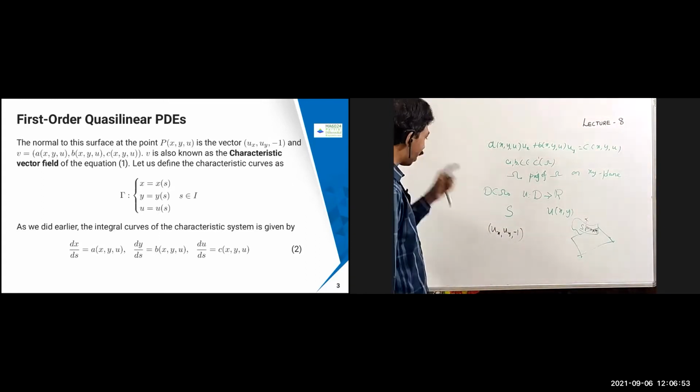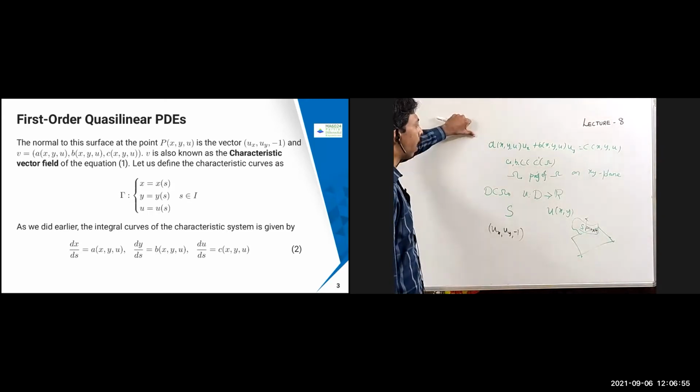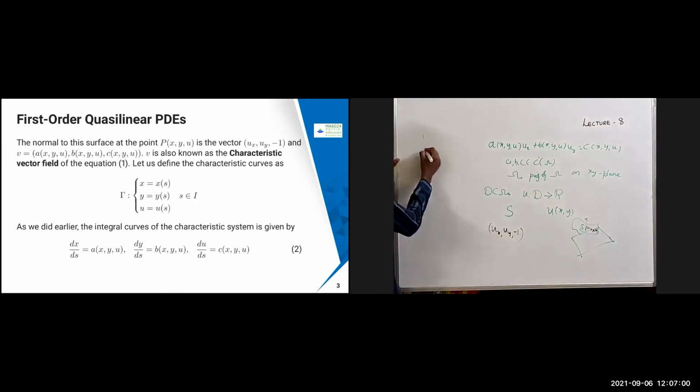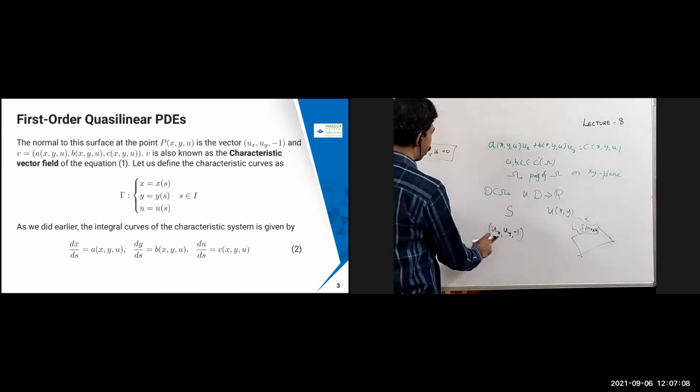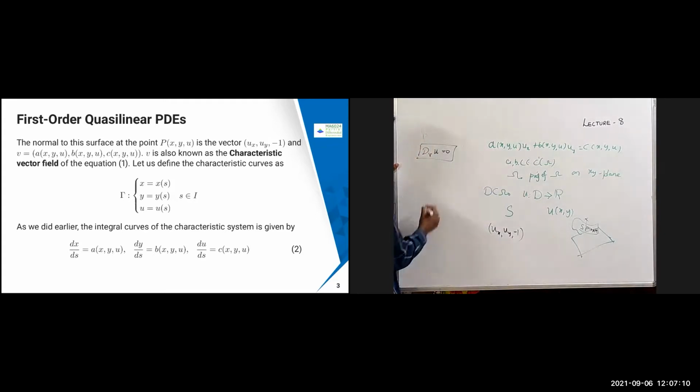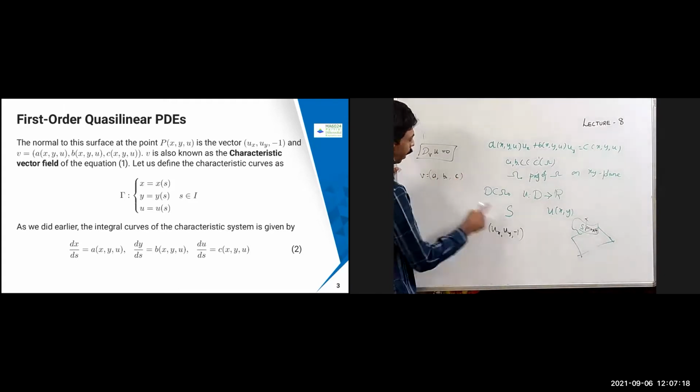Remember, that is the same thing we did in linear PDEs also. My aim there was that D_v u equal to 0. This is the fundamental idea for both problems. We want to make D_v u equal to 0. In this case, v is going to be a comma b comma minus c, or a comma b comma c because here I am taking minus 1.